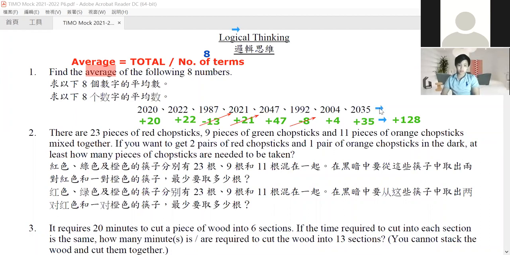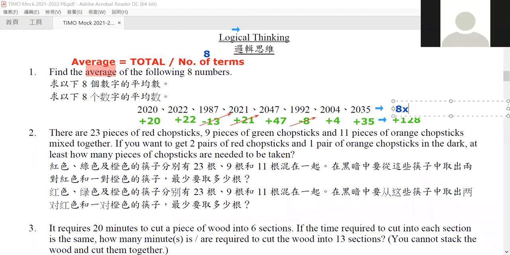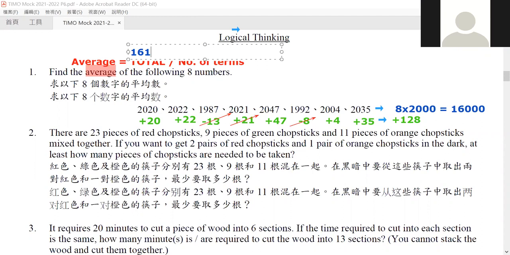So you know that the sum consists of 2 parts. One is the base, which is 8 times 2,000. This is the base of it, which equals 16,000, and then you need to add 128 to it. So the total will be 16,128.